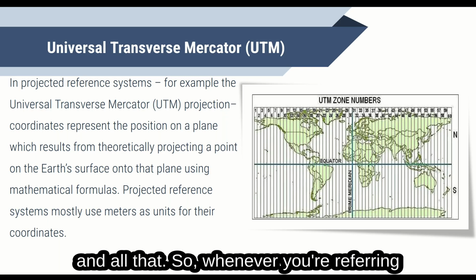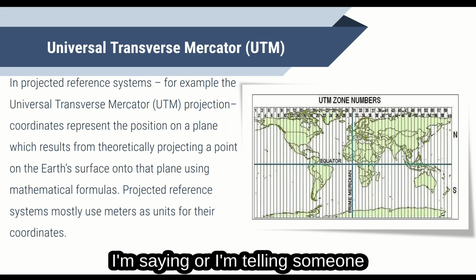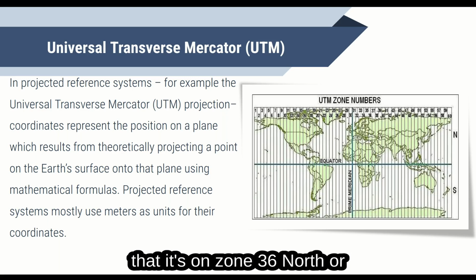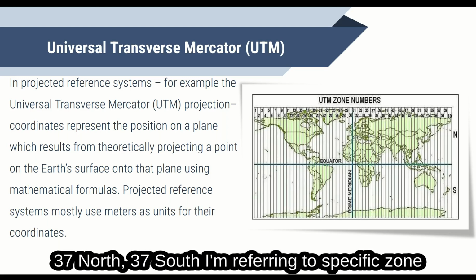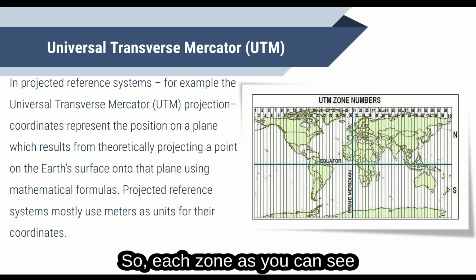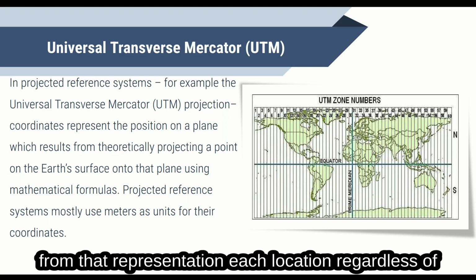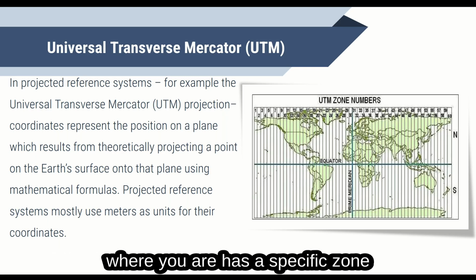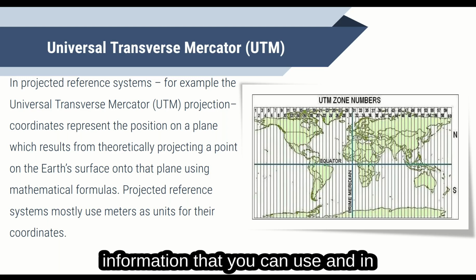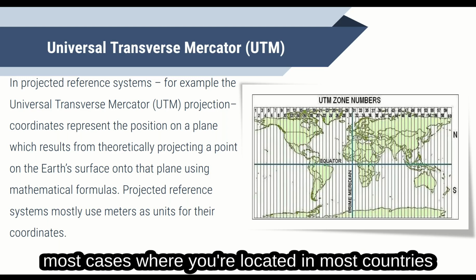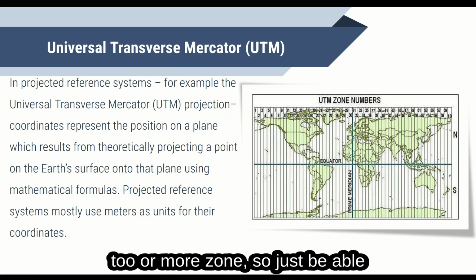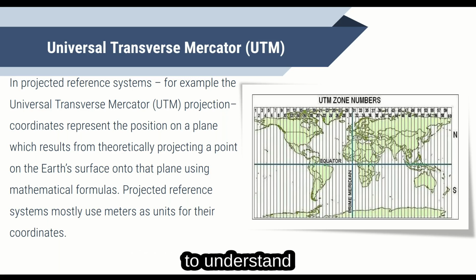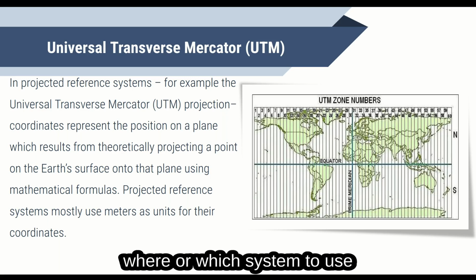So whenever you're referring to a place, for example Nairobi, and I tell someone it's on 37 north or 37 south, I'm referring to a specific zone. Each location, regardless of where you are, has specific zone information that you can use. In most countries, you'll find there are 2 or more zones, so be able to understand which system to use.